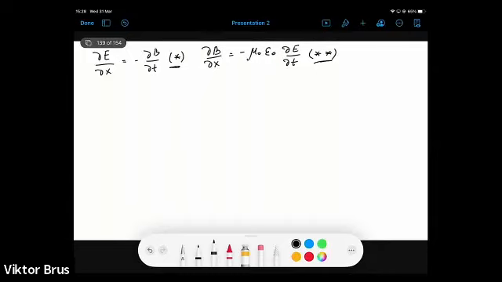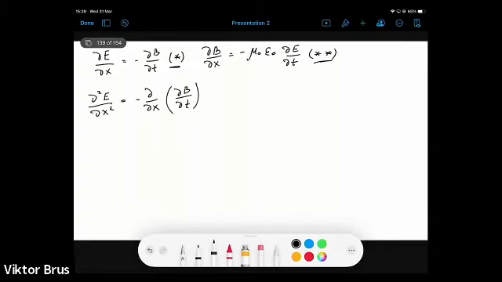So let us do this. First we take derivative of equation star with respect to x. That will be d squared E over dx squared is equal to minus d over dx of dB over dt.